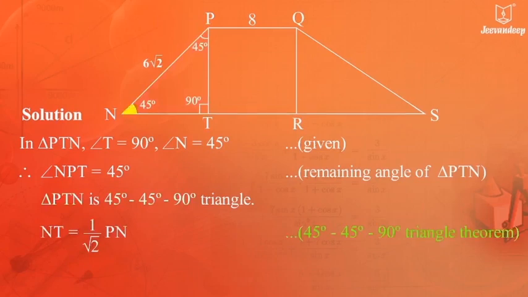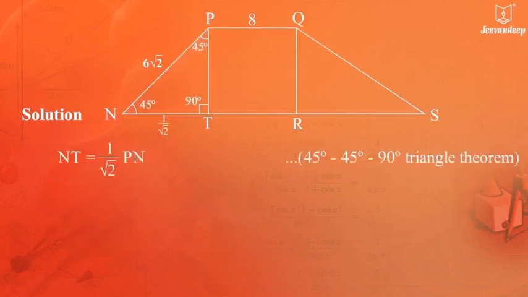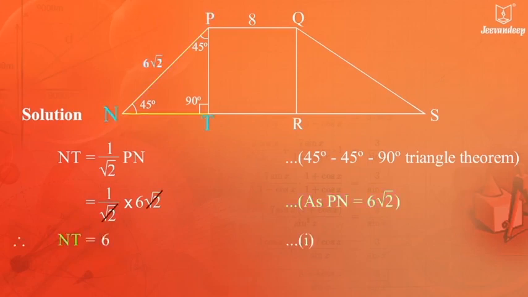According to the 45, 45, 90 triangle theorem, NT equals 1 upon root 2 of PN. Putting the values of PN, we get 1 upon root 2 multiplied by 6 root 2, as PN equals 6 root 2. Therefore, NT equals 6.